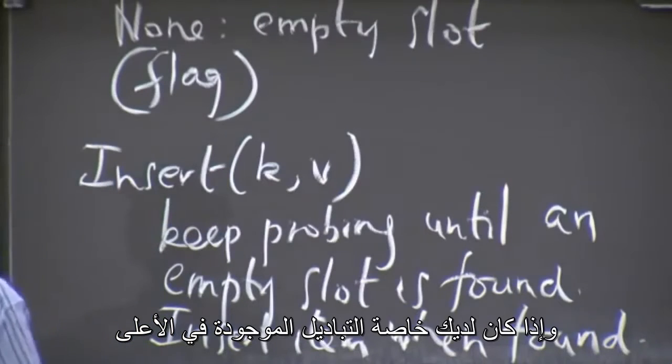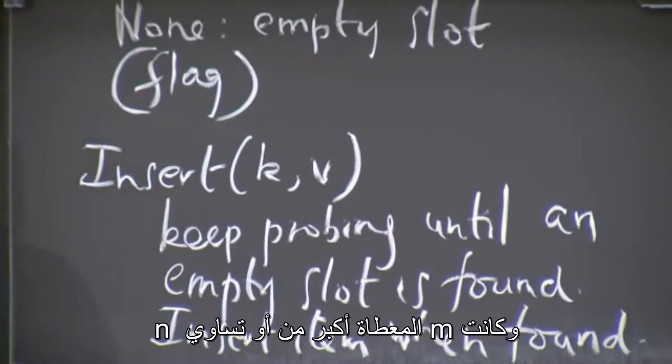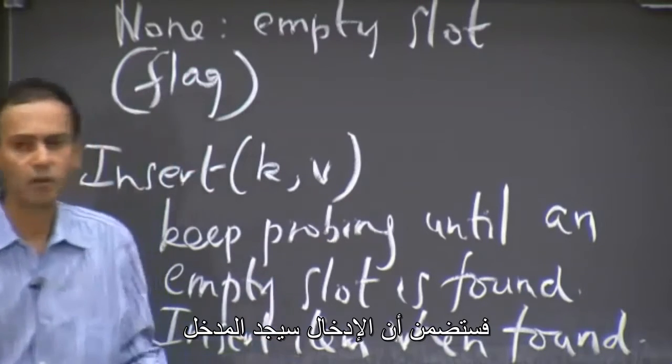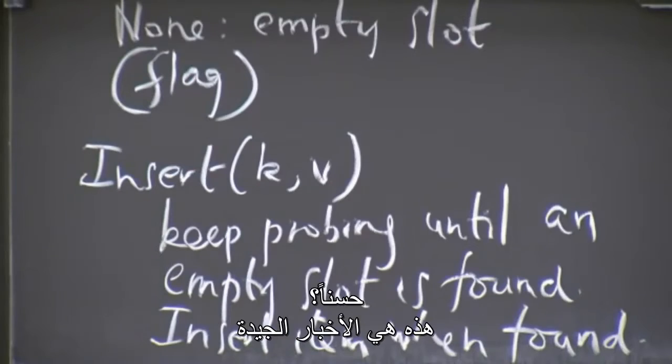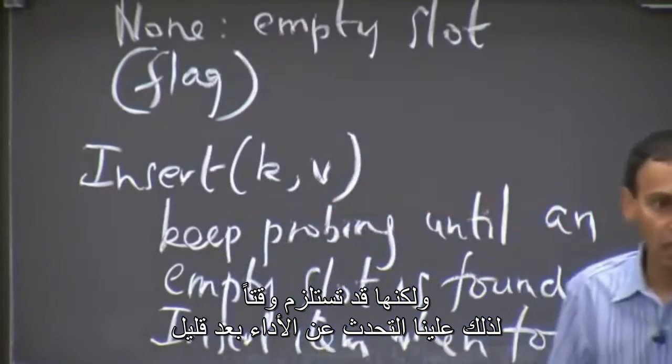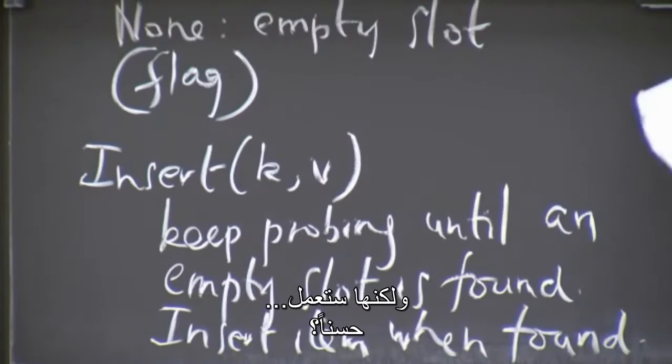As long as you have the permutation property that we have up there, and given that m is greater than or equal to n, you're guaranteed that insert is going to find the slot. That's the good news. Now, it might take a while, and so we have to talk about performance a bit later, but it'll work.